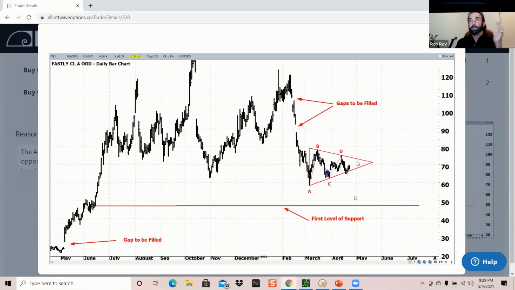So I thought we would just continue to churn here and fill this triangle towards the point into earnings, then break out. Then we had big room to the upside, big movement to the downside. So we had support down there below 50, and we got gaps just below 90, and then another one below 110.